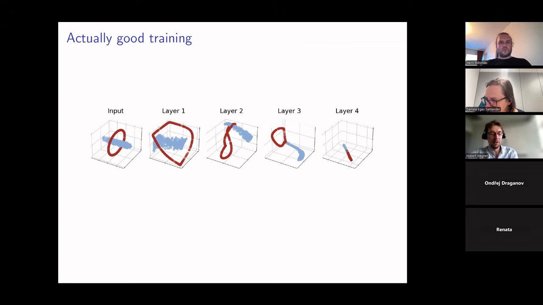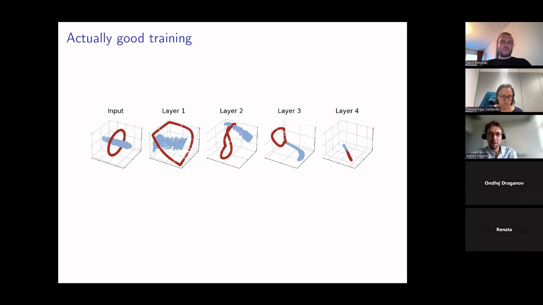We were then able to correlate this information with how well the model ends up training, and in particular whether it overfits or not.